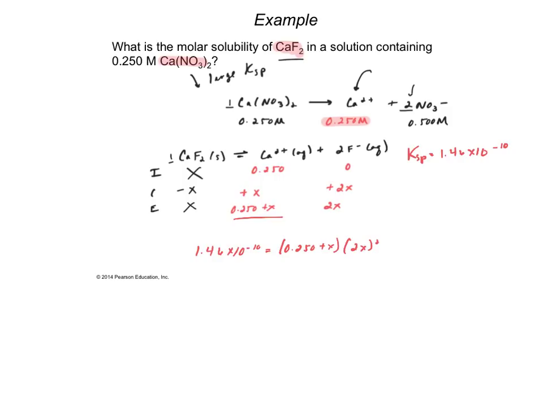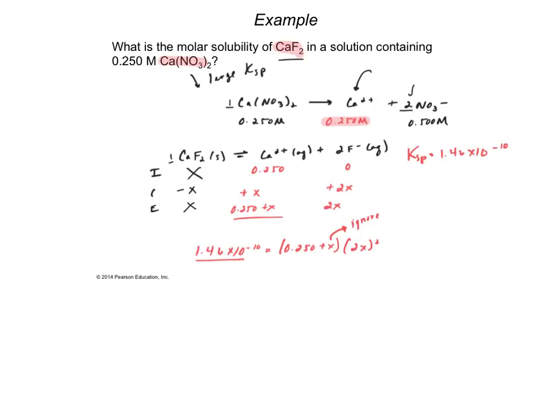Okay, so again, this x is going to be very, very tiny. KSPs are very small usually. So because of that, to make the math a little bit more simple, we're going to ignore this x addition to the 0.25, because x is going to be very small, and comparatively to 0.25, it is going to be almost negligible.